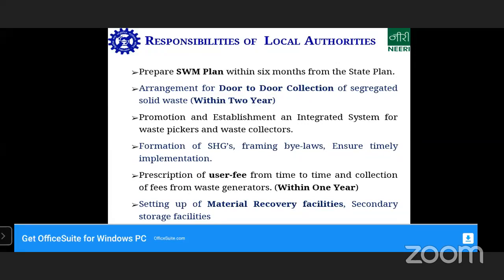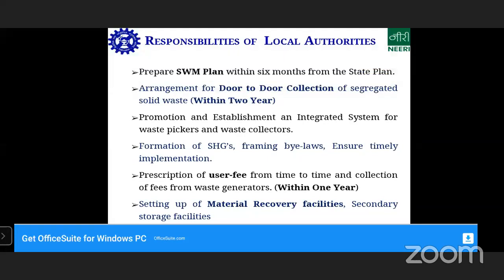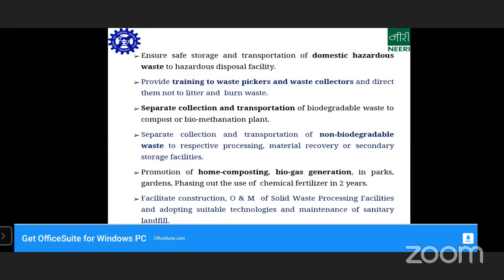That is their responsibility. Then also setting up material recovery facilities and implementing bylaws should be done by the local authorities. Some of the other roles they have to play are the safe storage and transportation of domestic hazardous waste.